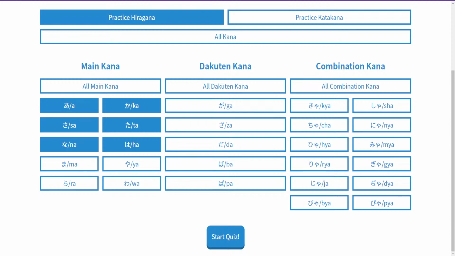Yeah, it's the same thing, typing wise. So you can type fu with an F or an H. Either one works. You can spell it both ways, I'm not wrong.